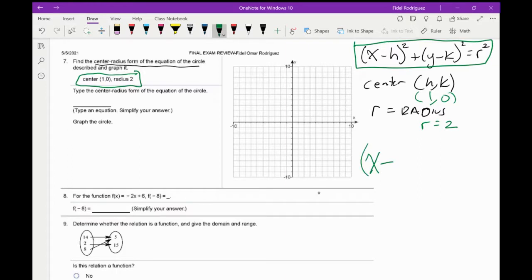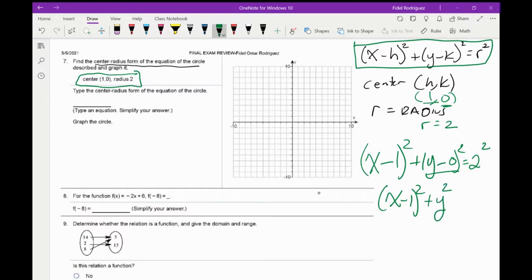So I write (x minus 1) squared plus (y minus 0) squared equals 2 squared. X minus 1, I can't do anything with that. Y minus 0 is just y, but it's still being squared, equals 4. So my equation is (x minus 1) squared plus y squared is equal to 4.